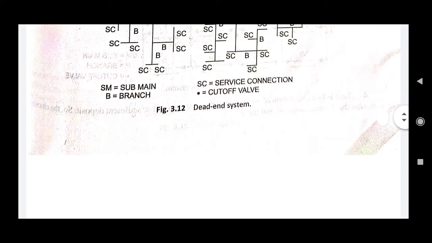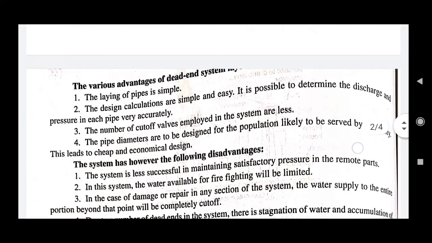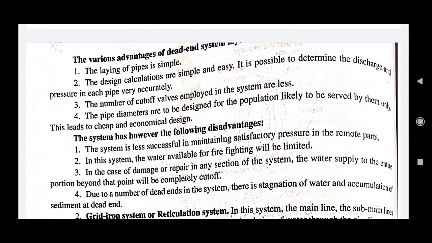So what are the advantages and disadvantages of this system? Since there is a single pipe connected to the branch line for the service, the laying of pipe is quite simple. The design calculations are also very simple and easy, and that makes it easy to find the discharge and pressure in each pipeline very accurately, because each pipeline is getting water from one source only, right?